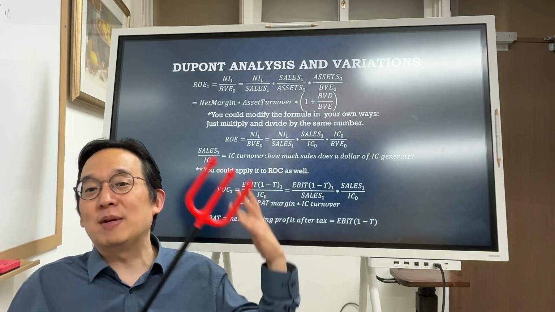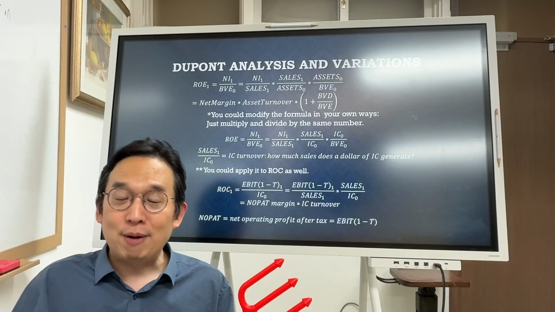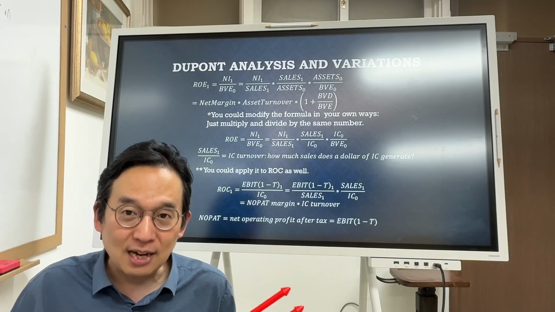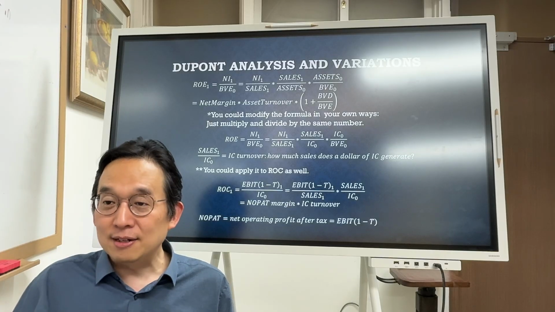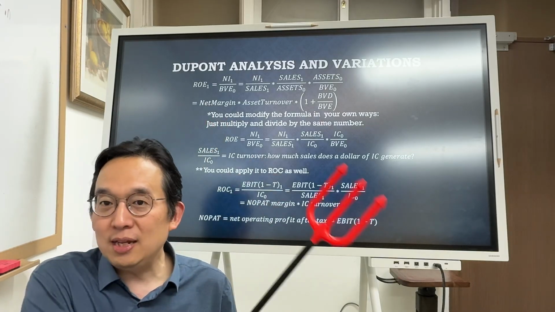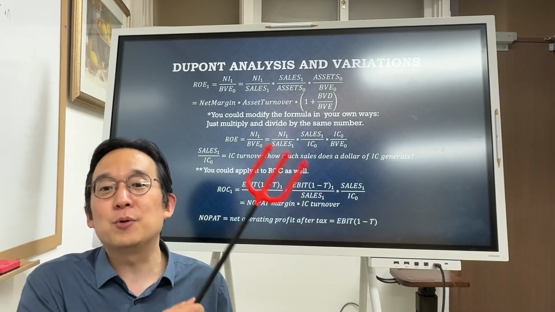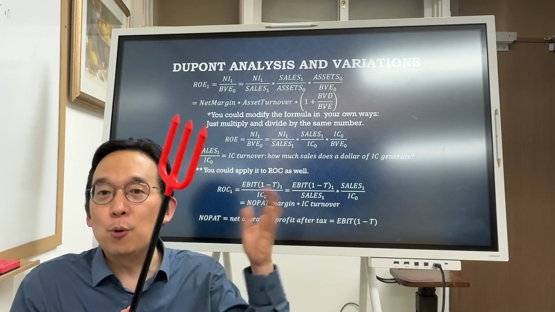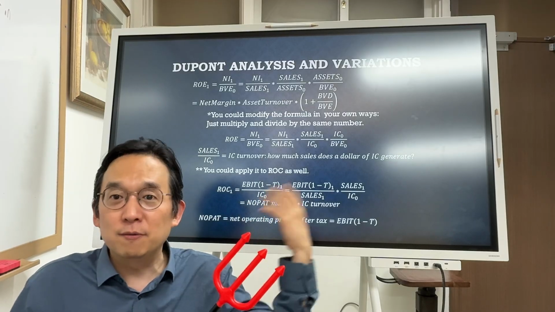Why do we do this kind of mathematical manipulation called Dupont analysis? By doing this, we can tease out some important economic intuition in analyzing your ROE. Remember, ROE and ROC, the return on your investment, either from your equity side or from both debt and equity side, is such an important fundamental variable.